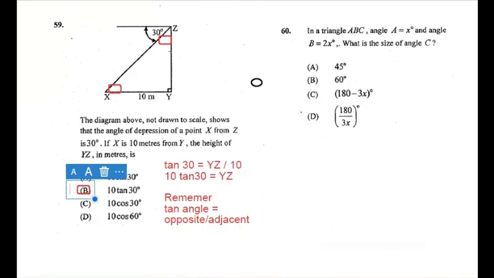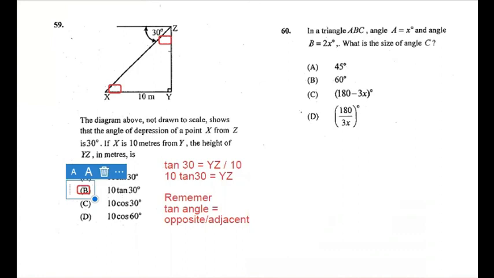60. In a triangle ABC, angle A is equal to x degrees and B is equal to 2x degrees. What is the size of angle C? It is like being given 2 angles within a triangle, and you should find the missing angle. Remember, the total angle within a triangle is 180 degrees.